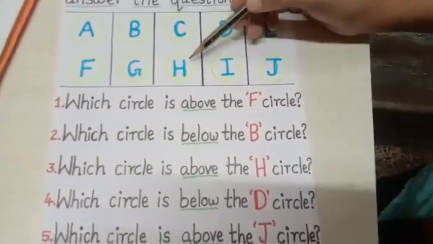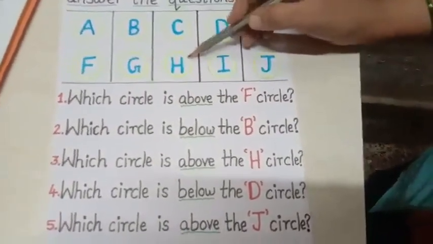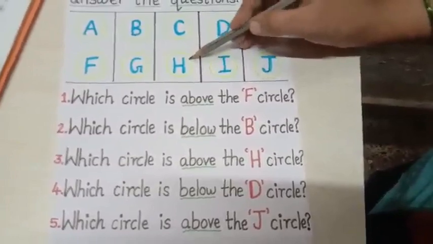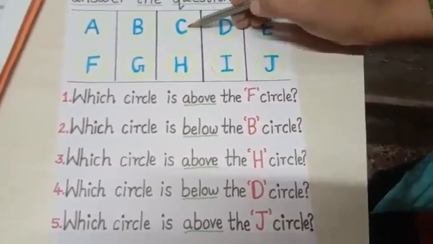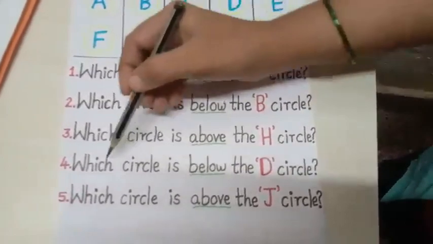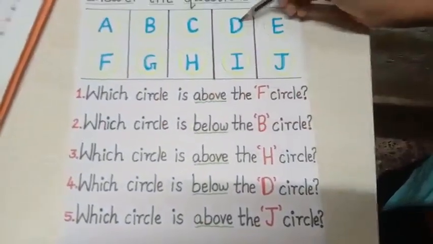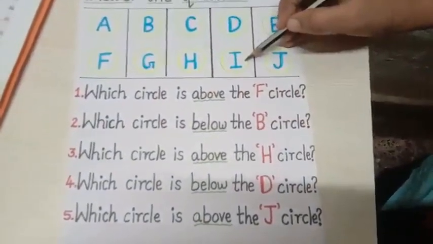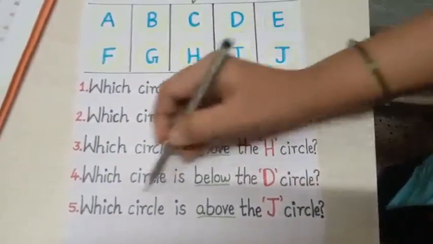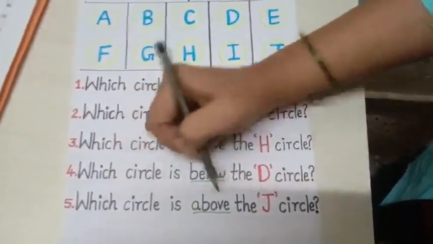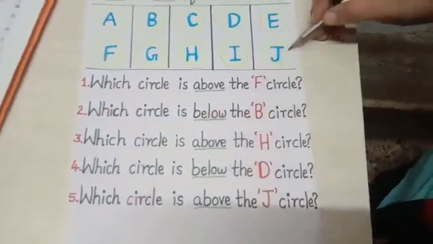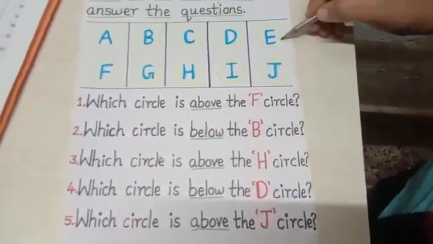H circle is here. So above H, C alphabet is there. Okay. Which circle is below the D circle? Below the D circle, which circle is there? I circle. Which circle is above the J circle? Above the J circle, E circle is there.